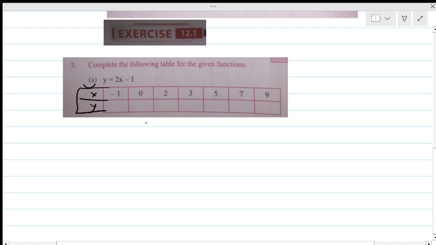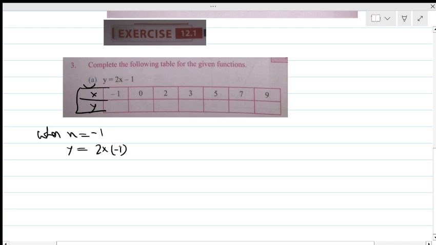We can select multiple values over here, at different times. I'm starting with minus 1. When x equals minus 1, y will be 2 into minus 1.